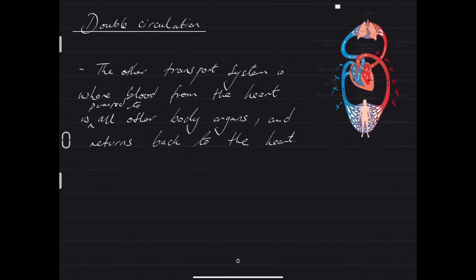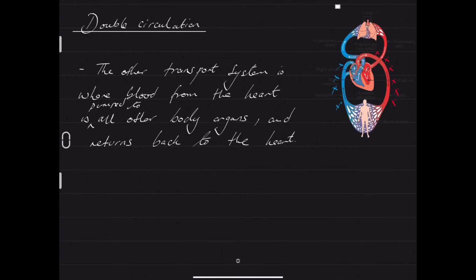Now, the double circulation that we just briefly summarized is important for warm-blooded and active animals such as humans. It makes our circulatory system more efficient, as it allows for oxygenated blood to return to the heart from the lungs, and then this blood can be sent off to different parts of the body at high pressure. So as the heart pumps, the blood is sent off around the body at higher pressure.